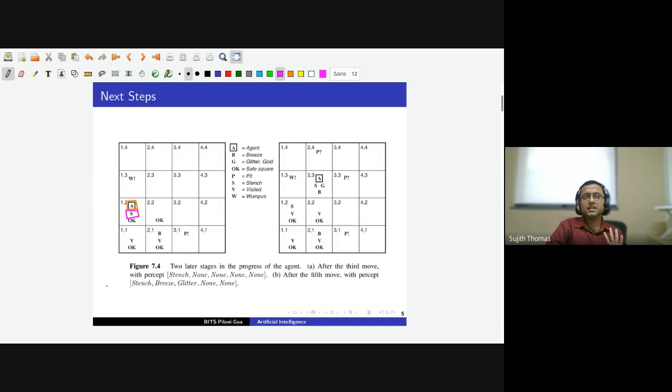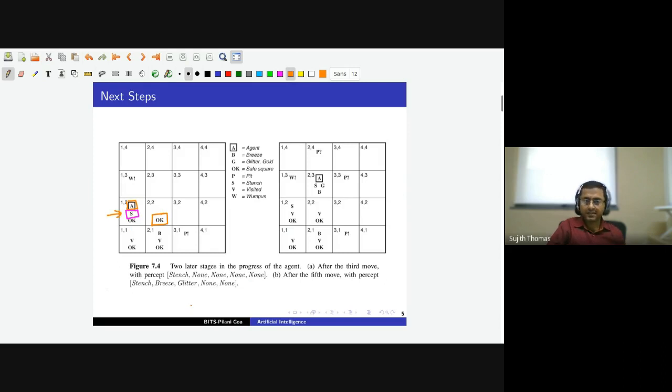Immediately the agent can infer a lot of things. First thing it should be able to infer is that this cell is okay. There is no pit here, because if there was a pit here, then there would have been a breeze in 1, 2.